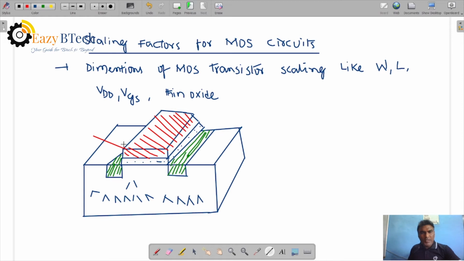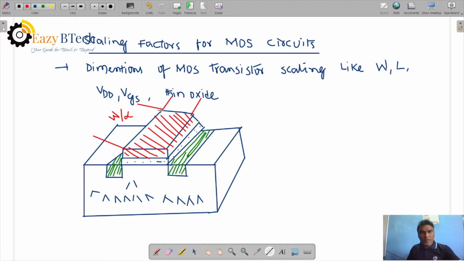Scaling means reducing. So dimensions of MOS transistor are scaling like a width, length parameter. Width is scaled by alpha, and this is a length.